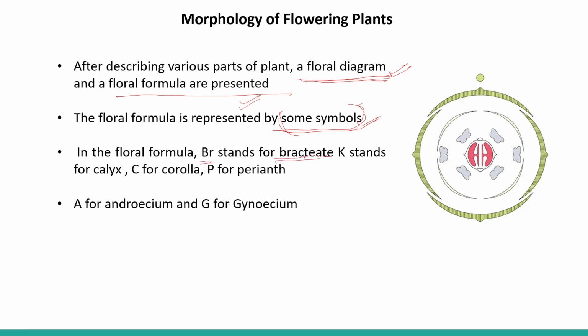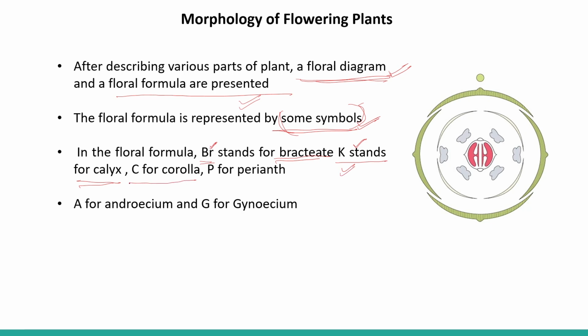If the flower is a bracteate flower, we represent that in the floral formula as Br. K stands for calyx. The number of calyx members and whether it is polysepalous or gamosepalous is also represented here. So K represents the calyx.